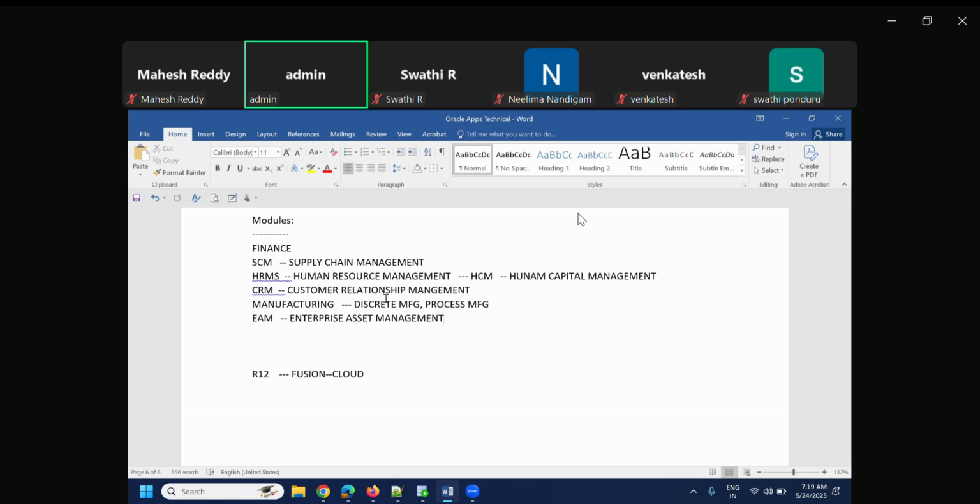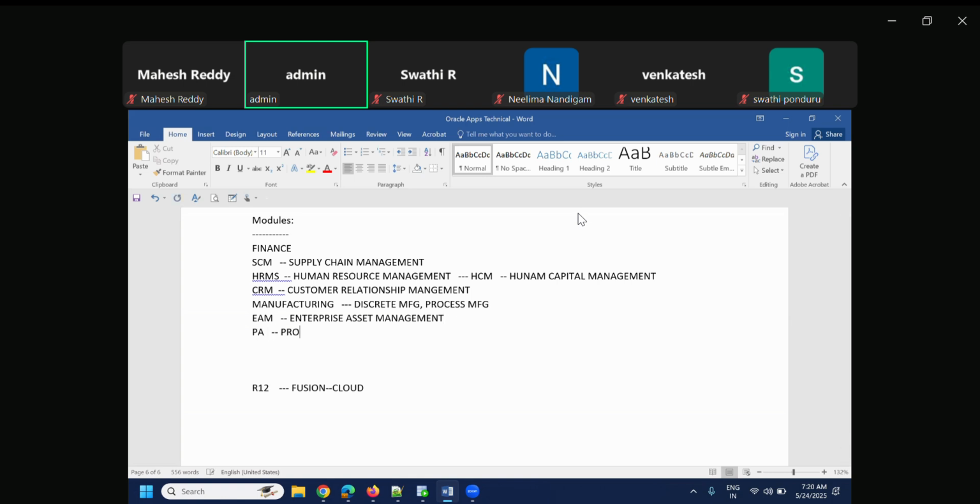Those services come under EAM, Enterprise Asset Management. APSRTC is using Oracle applications mainly for EAM, asset management for the vehicles. Finance, supply chain management, HRMS, CRM, manufacturing, EAM, and PA.